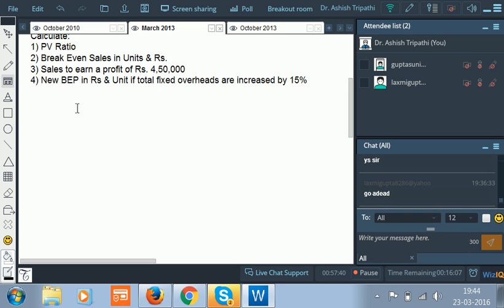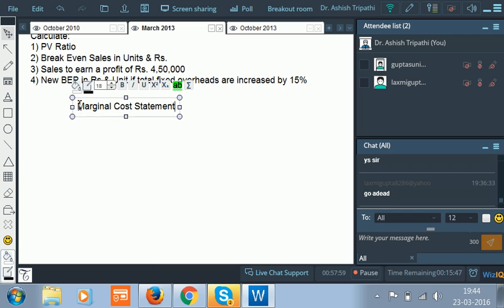So let us prepare marginal cost statement based on cost per unit.